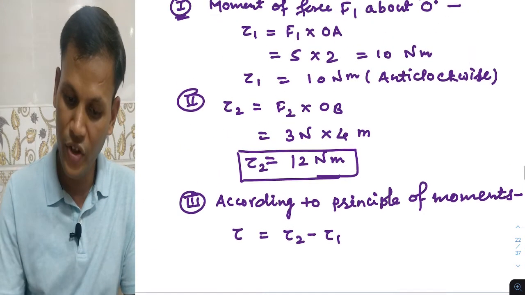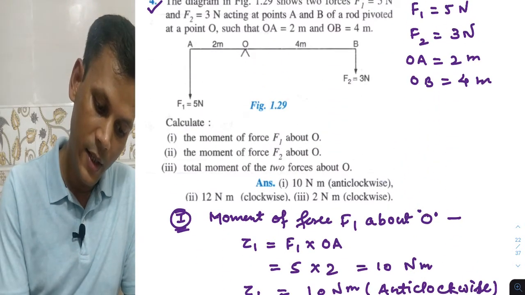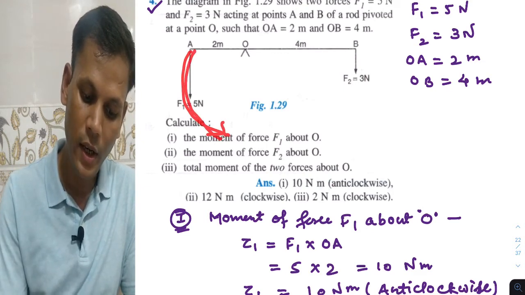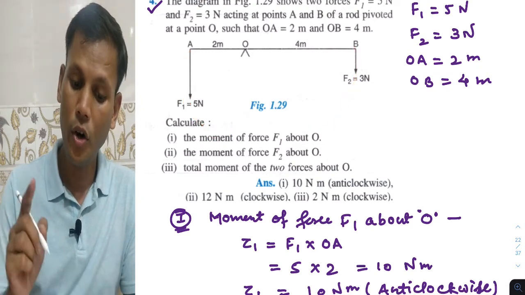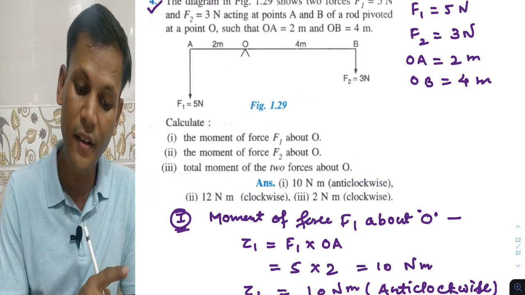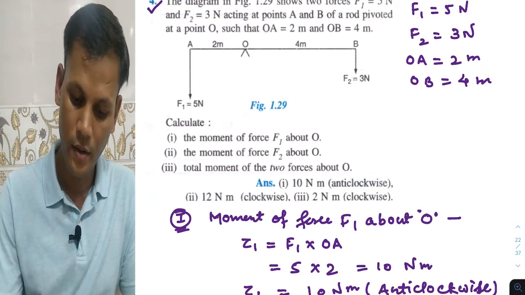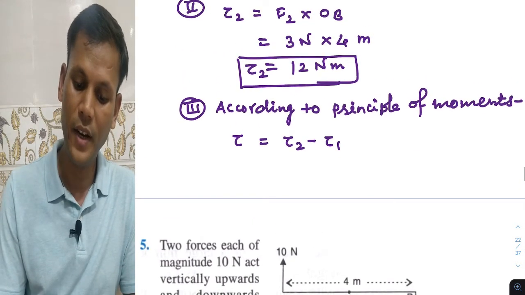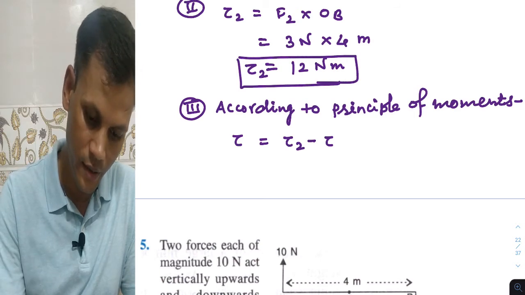As I mentioned, I will repeat that part. This is anti-clockwise moment, and this will give us clockwise moment. Clockwise moment is taken as negative and anti-clockwise moment is taken as positive. So probably I told it opposite to that. Yeah, fine. Anyway, we can write it both ways.